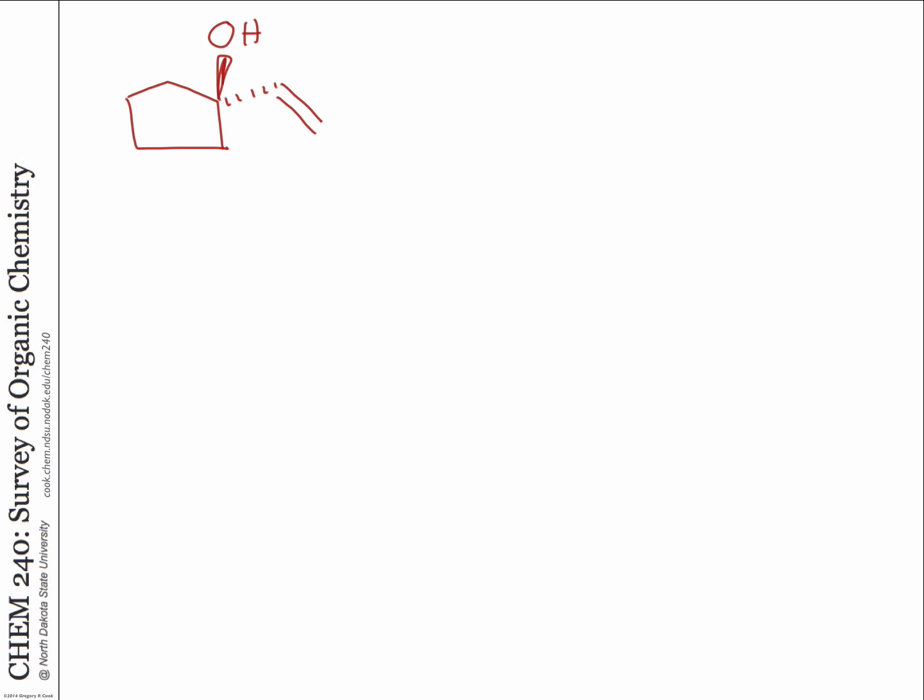I should have made that bigger. Anyway, let's take a look at this molecule. This cyclopentane with an OH group and then a double bond hanging off of it. I've drawn a bold and a dashed line, but is this a chiral molecule?